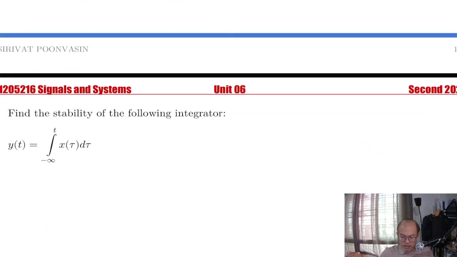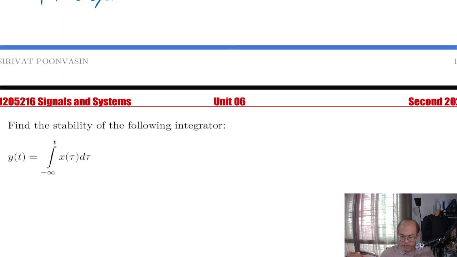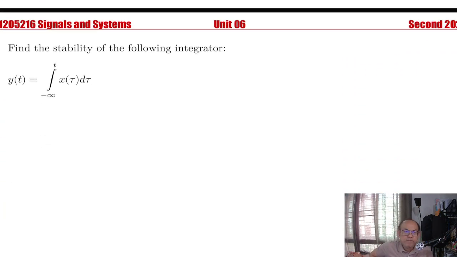Okay, now let's look at the last example for today. We want to find the stability of the following integrator. Now, the integrator is linear time invariant, and you can prove that quite easily.